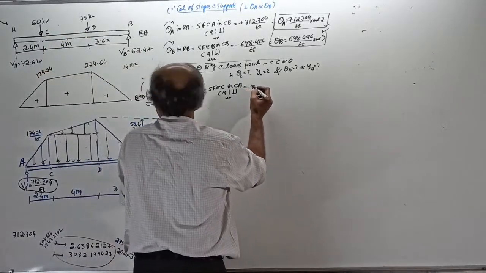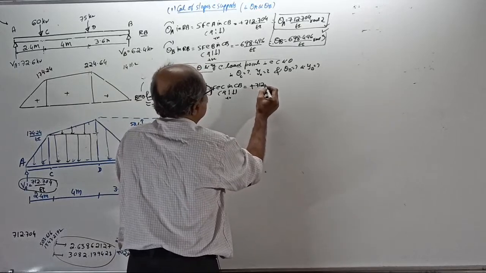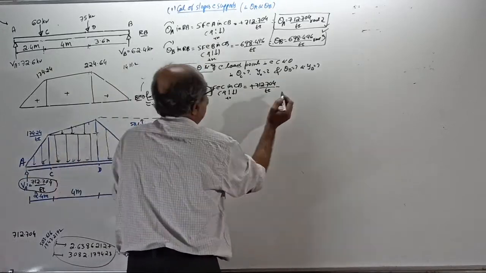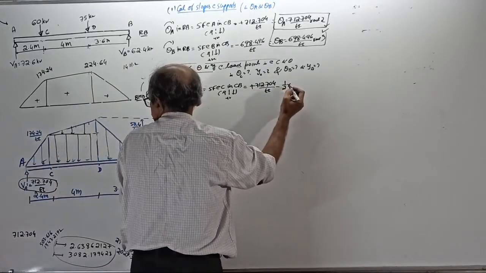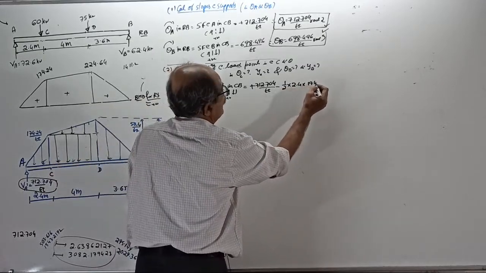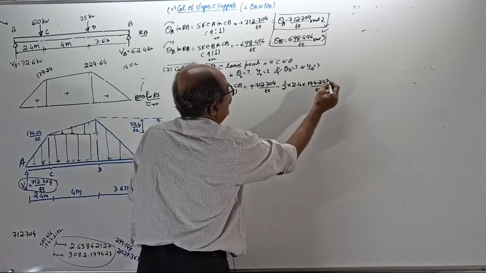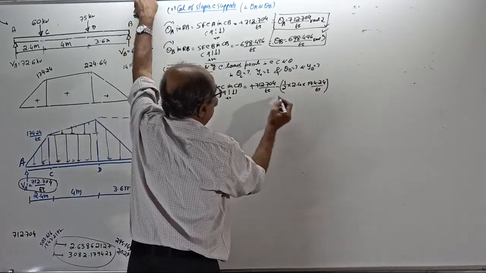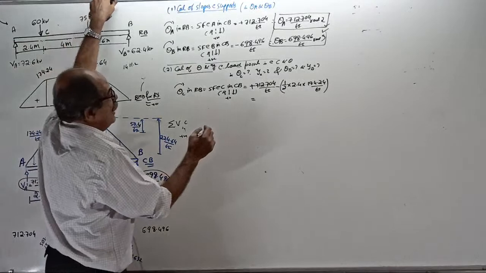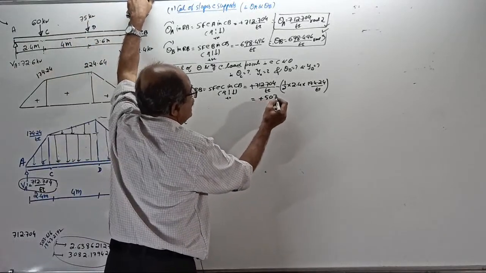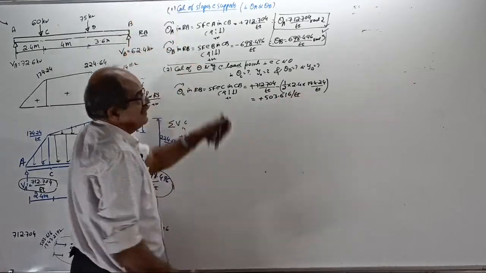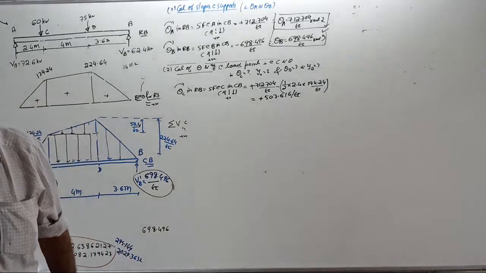Answer: plus 712.704 by EI minus this much load, half into 2.4 into 174.24 by EI is the shear force. The answer will 100% come; I wrote the answer, plus 503.616 by EI. Already I solved it. Correct answer, it will come plus 503.616 by EI.